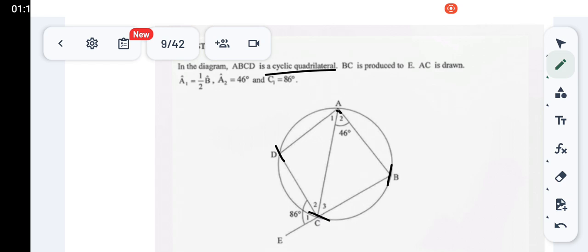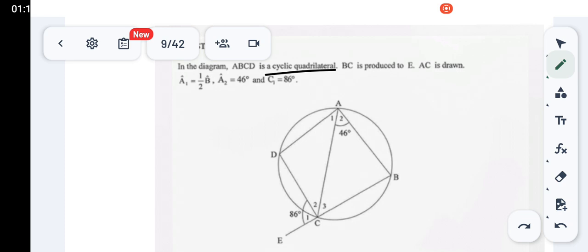So all the vertices of this quadrilateral lie on the circumference. That is a cyclic quadrilateral, and we can all agree that ABCD is a cyclic quadrilateral. Then after that, we need to think about three theorems that fall under cyclic quadrilateral.